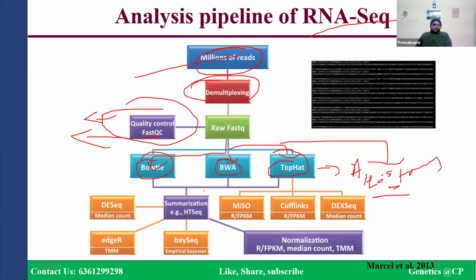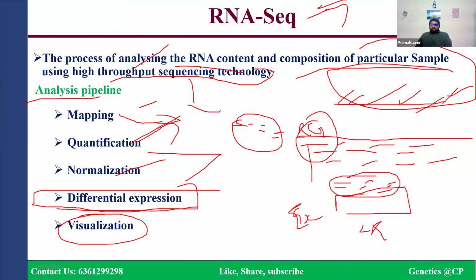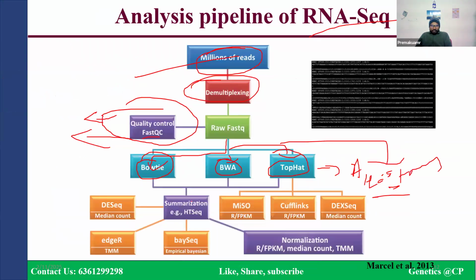And after alignment, you have to quantify the gene expression. For quantification, which software do we generally use? Cufflinks, DEXSeq, MISO.